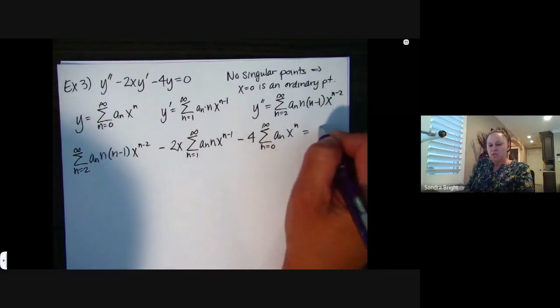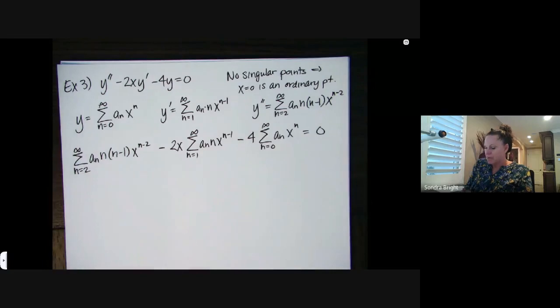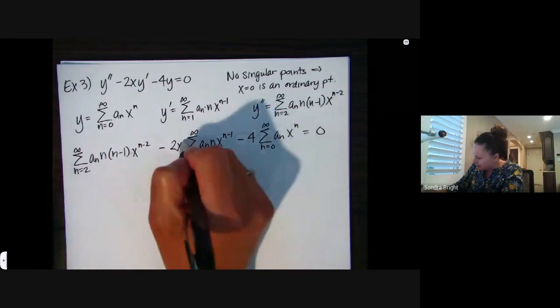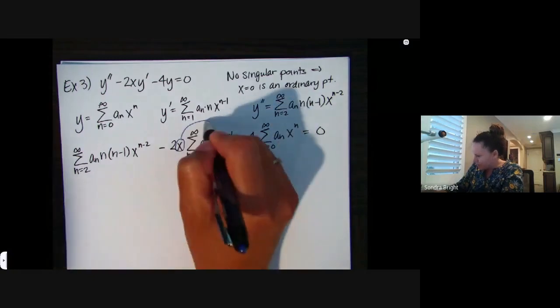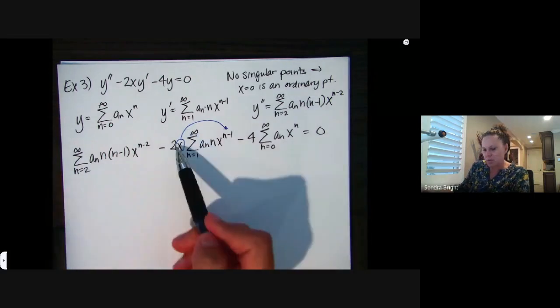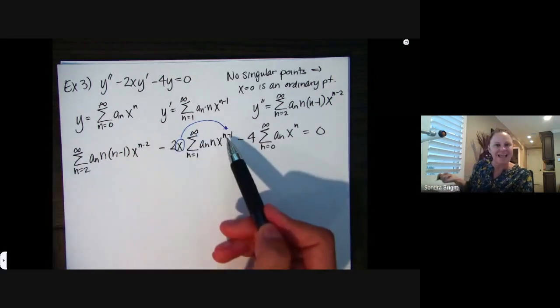Okay, so I'm going to change indices, but before I do that, I'm going to distribute this x into here and multiply it through, because x times x to the n minus 1 means I'll just have an x to the n.